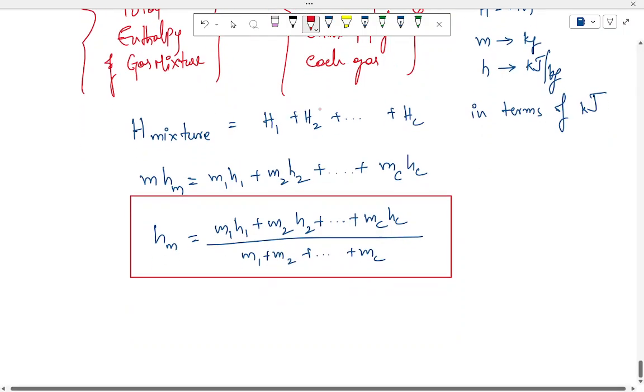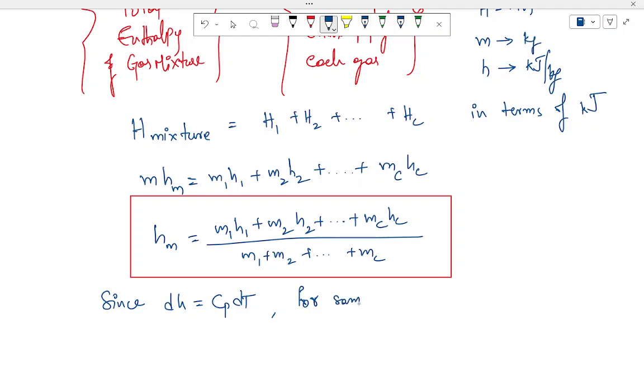So from this we can now connect this to Cp, since your dH is equal to Cp dT, for the same dT, there is a temperature change, I can write that dH is proportional to Cp.